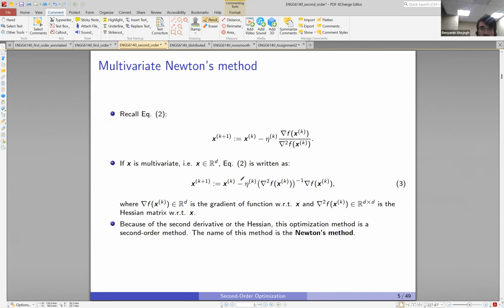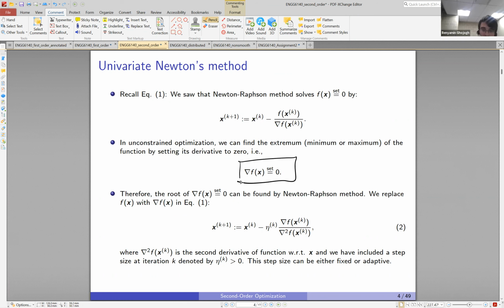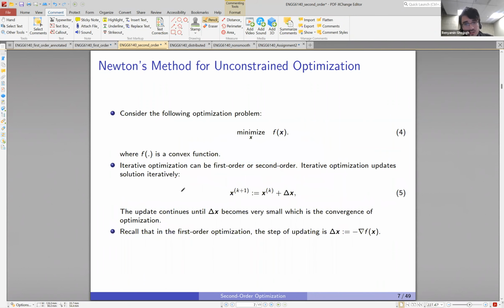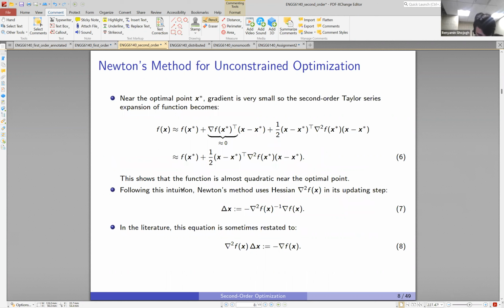Then we derived Newton's method for the univariate optimization algorithm, and then unconstrained optimization. Then we said, let's have it for the multivariate case by using the inverse of the Hessian matrix. We justified it and said that the update in Newton's method can be written either as equation 7 or as equation 8.